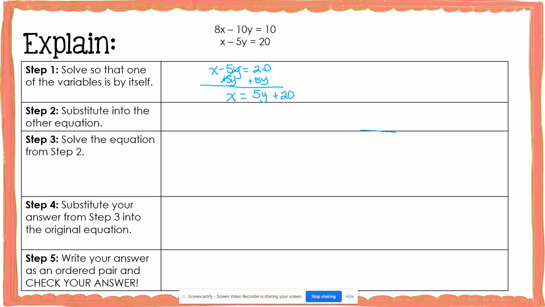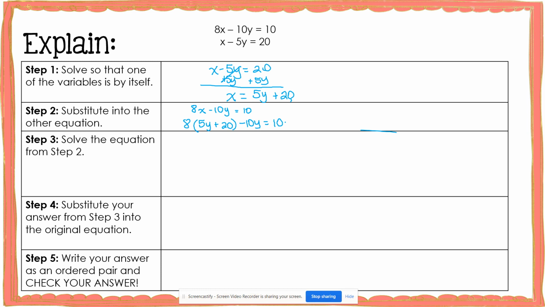Now that I know what x is, I can take that and I can plug it into my other equation. Well, the other equation was 8x minus 10y equals 10. So instead of 8 times x, I know that x is actually 5y plus 20. So I'm going to say 8 times 5y plus 20. Then the rest of this says minus 10y equals 10.